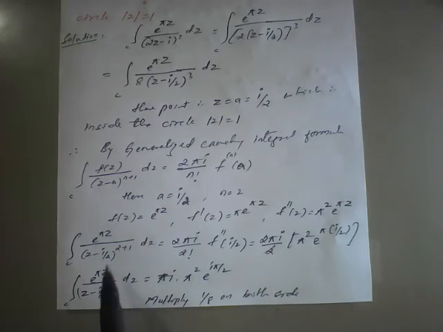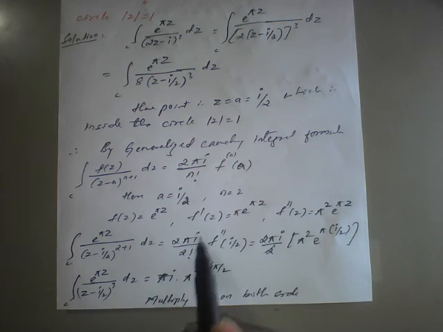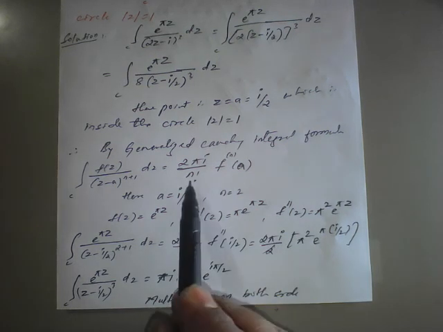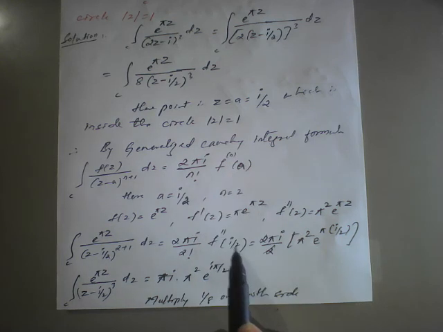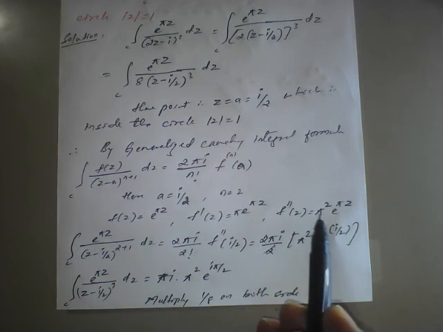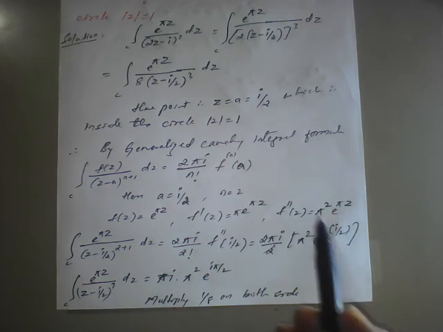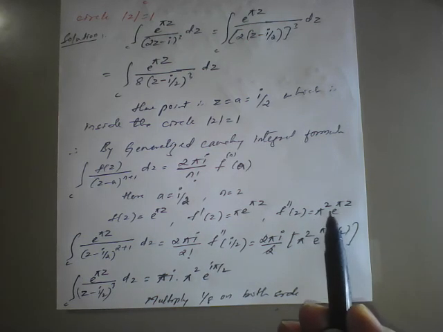On simplification, apply these values. So 2 pi i upon 2 factorial, because n is 2, times f double dash of a, where a is i upon 2. What is f double dash of z? We know it is pi square e raised to pi z, so here you apply the value of z as i upon 2.